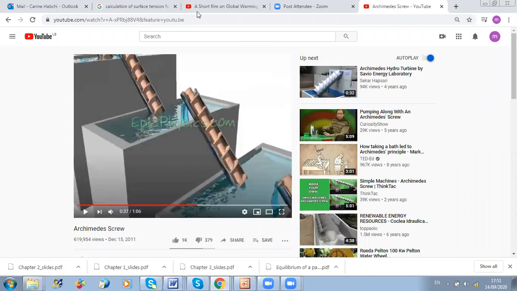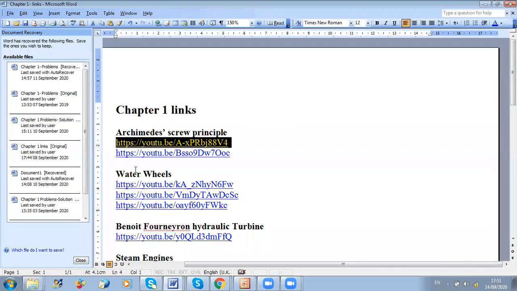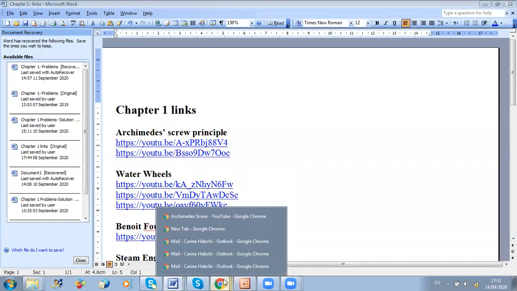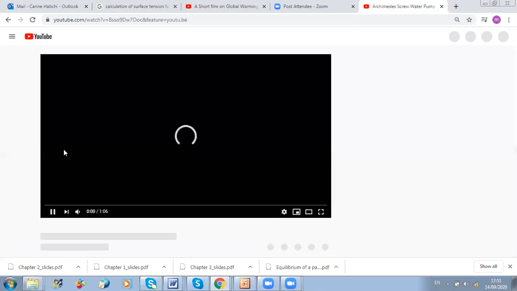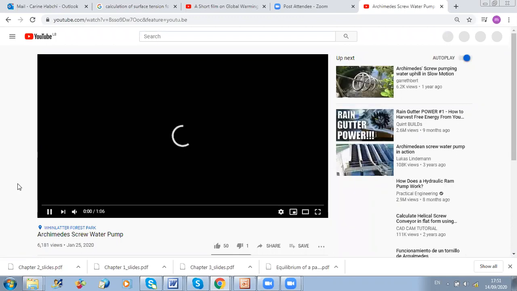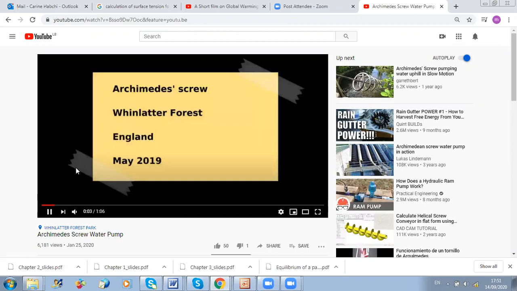and we have a second video that is a real one that will show you a real application. So you will see in this video that you can do the rotation manually.